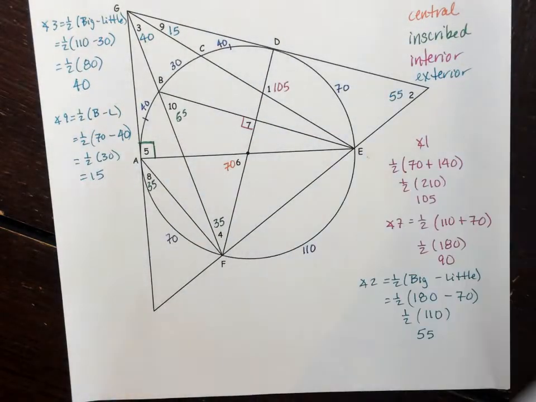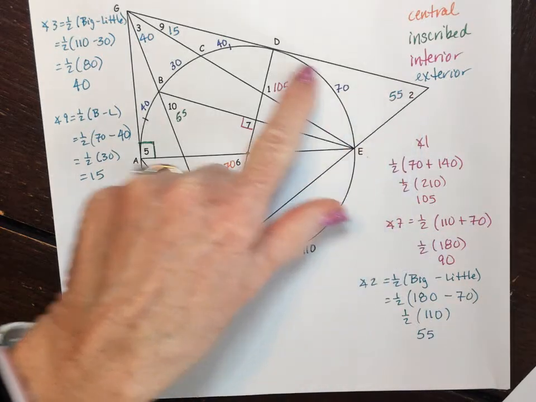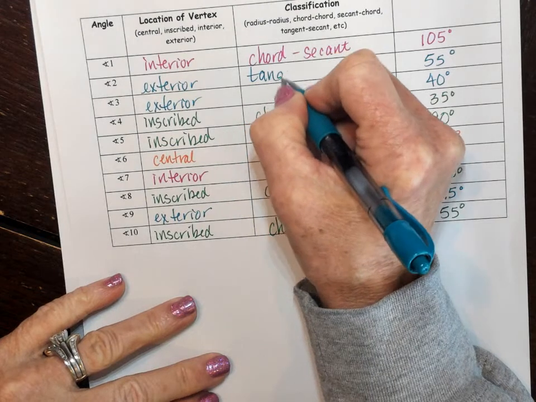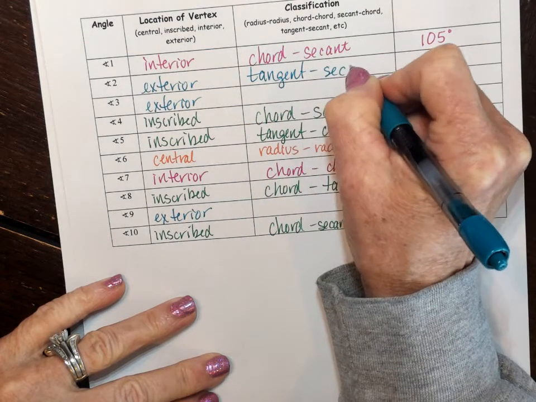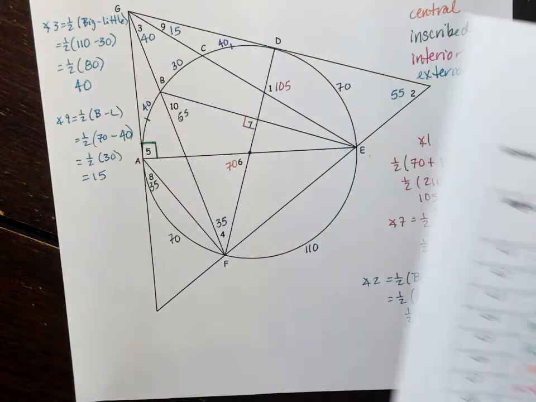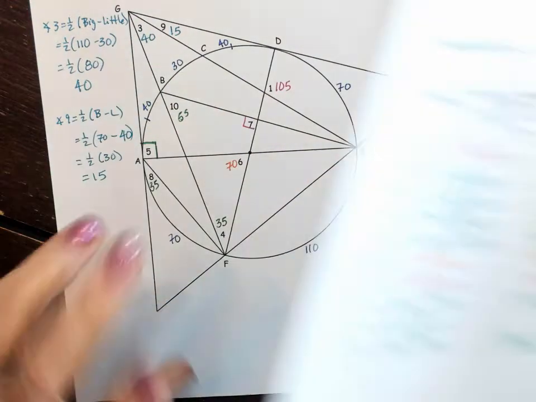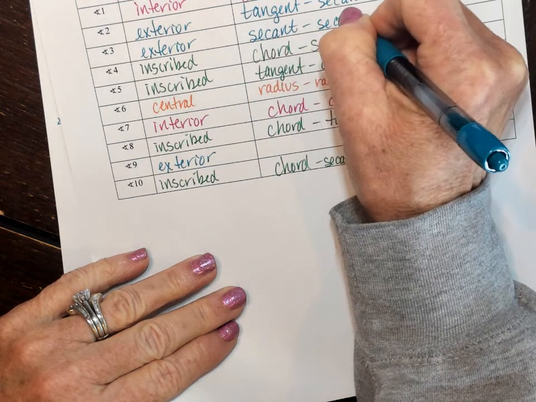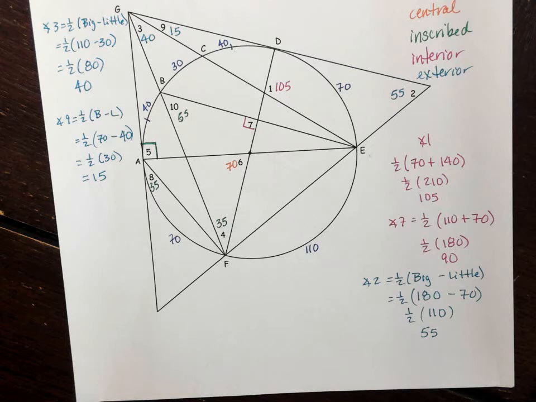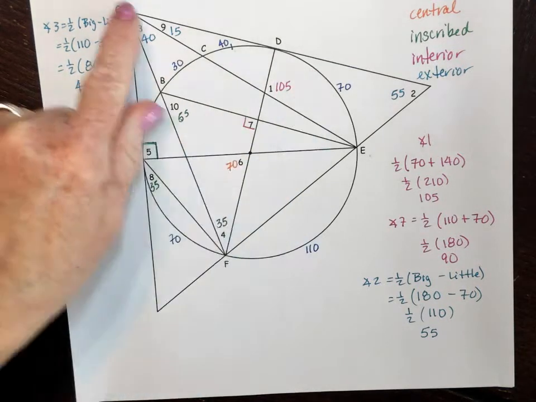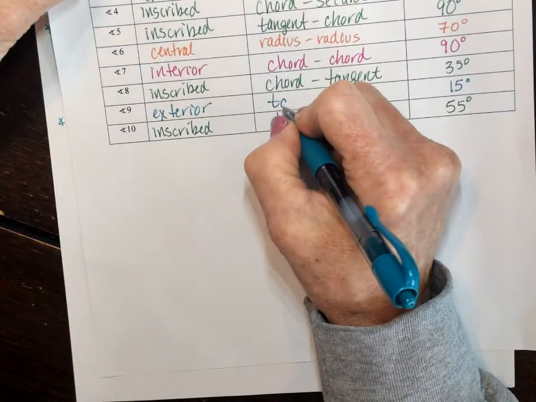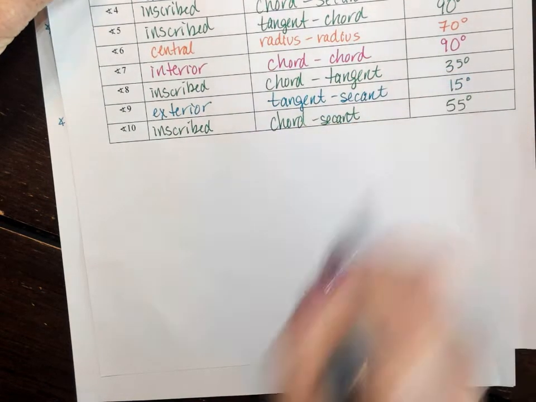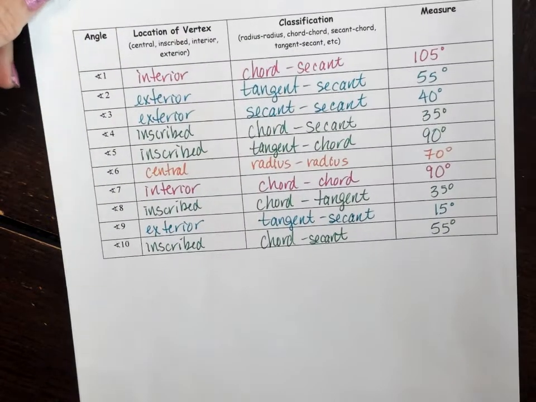All right, so how are these formed? 2, here's a tangent and a secant. Three is a secant and another secant. And 9, a tangent and a secant. Okay, and there we go.